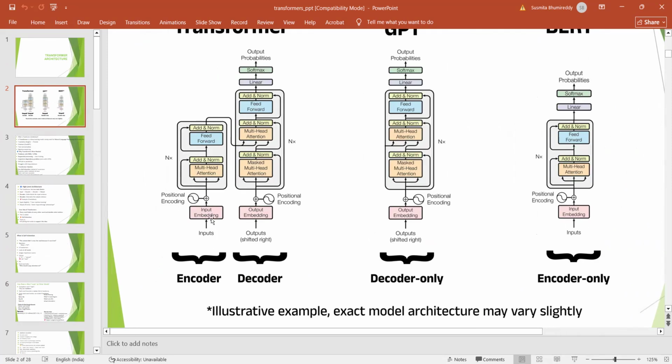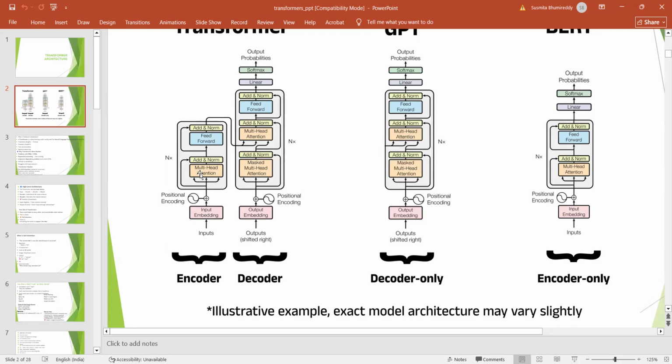It will first tokenize the sentence into tokens, and for those tokens it will create embeddings. Then it adds positional encoding to those embeddings, assigning positions to each token as I said before.